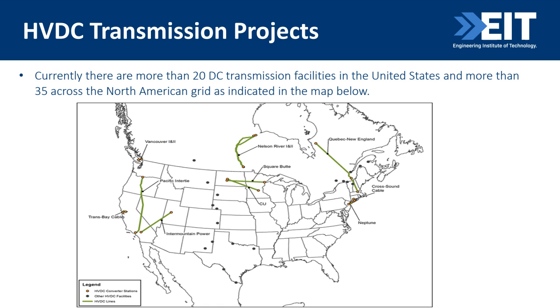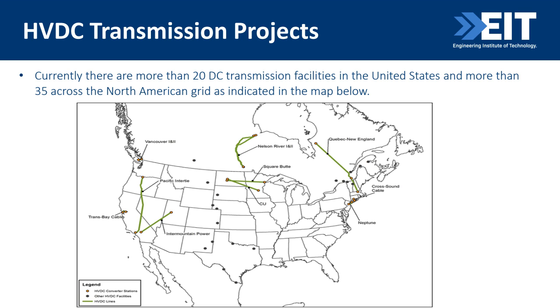Currently there are more than 20 DC transmission facilities in the US alone, and around 35 across the North America grid, as you can see in this map. All those green lines connecting different states are high voltage DC transmission lines.